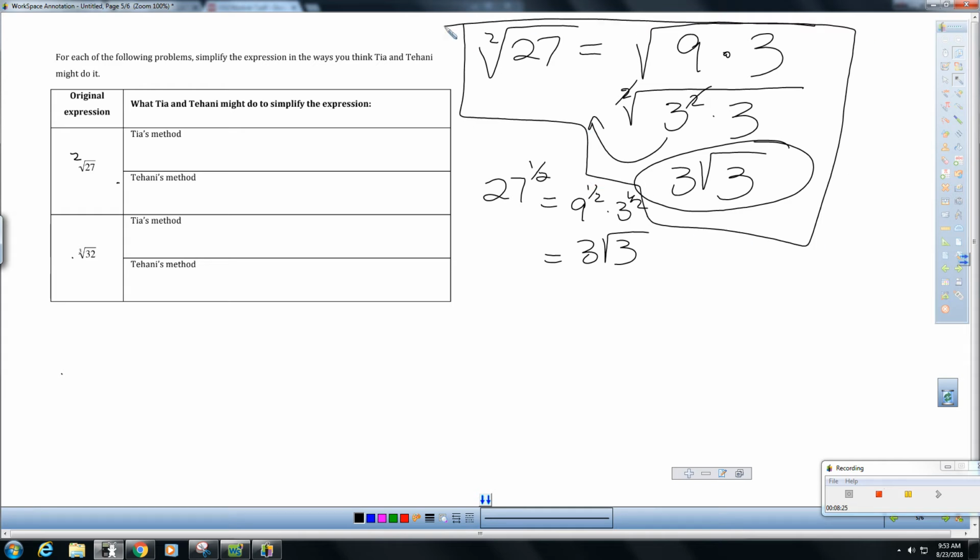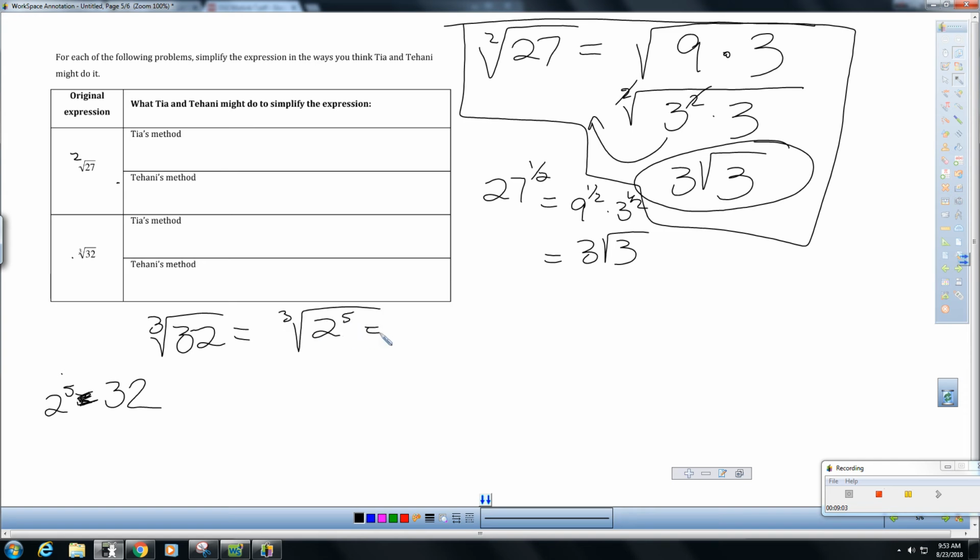Okay? What about the cube root of 32? Well, 32 is 2, 4, 8, 16. 2 to the 5th is what 32 is. Sorry about my crappy equal sign, but what you really should be sorry for are these crappy ViewSonic boards. So this is the cube root of 2 to the 5th.